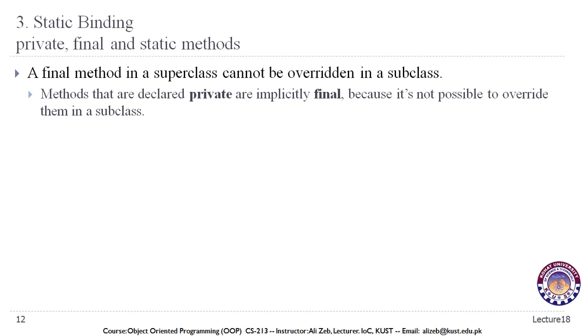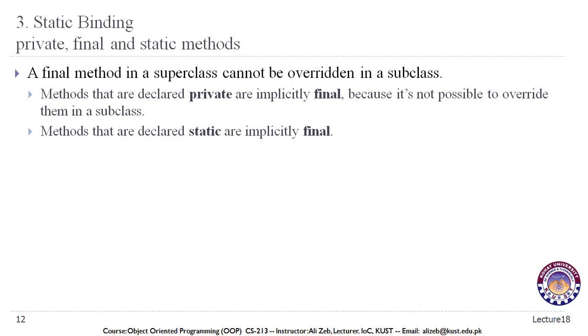Methods that are declared private are implicitly final because it's not possible to override them in a subclass. When we declare a method as private, then we obviously cannot access that method in the subclass, and that method is by default or implicitly final. That is why it cannot be overridden in a subclass.